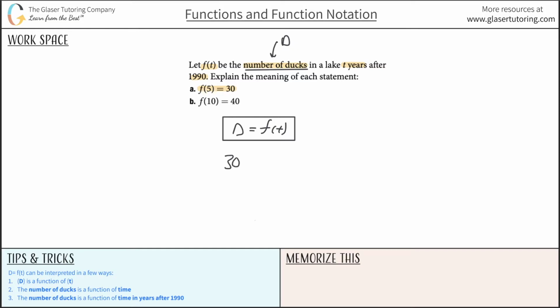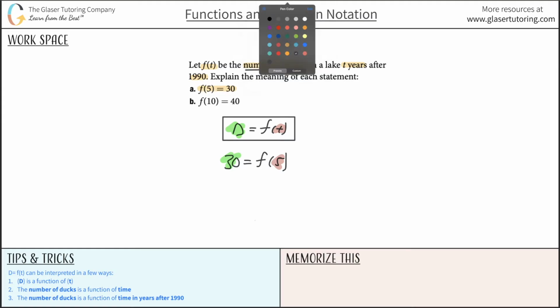So I'm going to write 30 is equal to f of 5. The reason I do this is because now I know what D is. D is the item on the left-hand side, f is the function on the right-hand side, and t is then 5. So this is now easy to show, meaning that the number of ducks is 30.